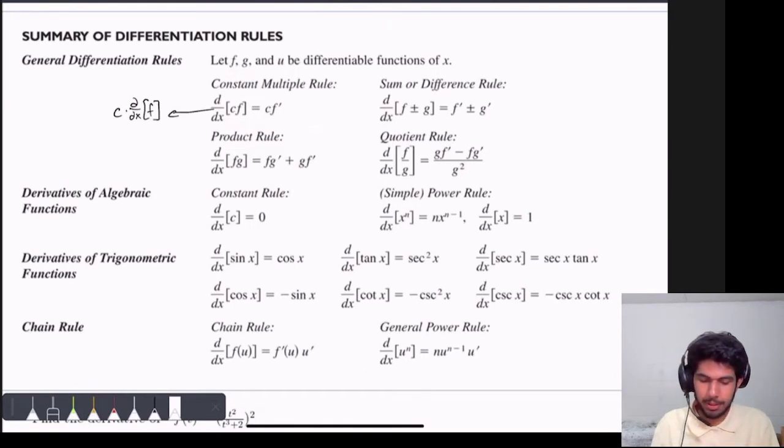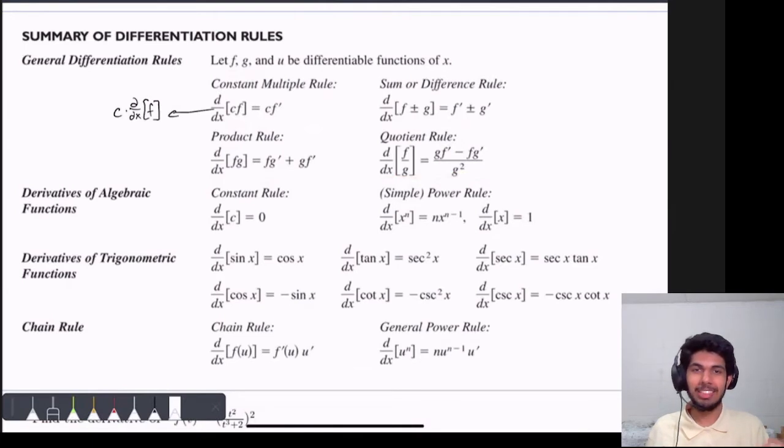And then for when we are adding or subtracting two functions, the derivative just carries through. So we take the derivative of each individual function, and then we add or subtract them as normal. The product rule I just mentioned, that's 1d2 plus 2d1. That's the trick to help you remember that. Then we have the quotient rule, which is when we're dividing two functions.